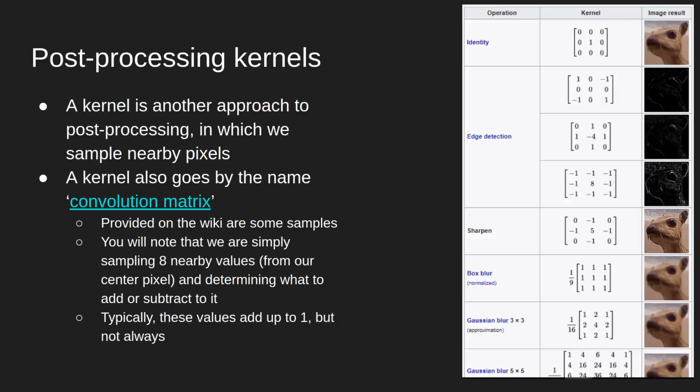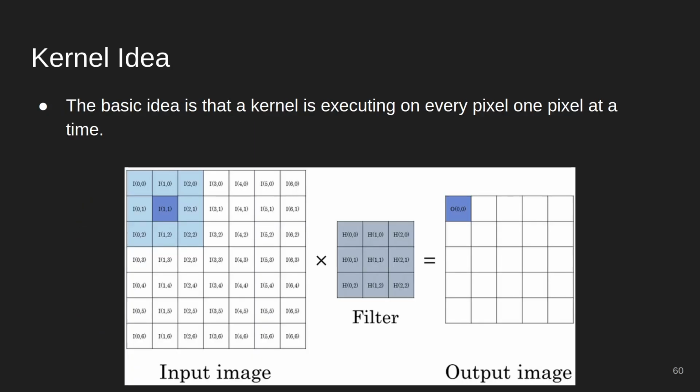Now there's a bunch of different effects that you can try out. The idea is you're going to be applying a post-processing kernel, which, again, let me illustrate and draw.